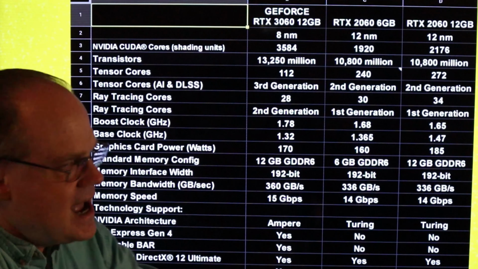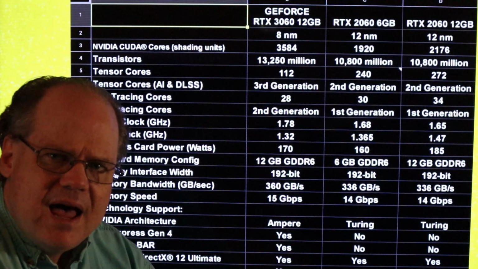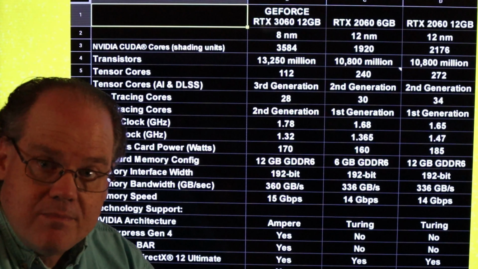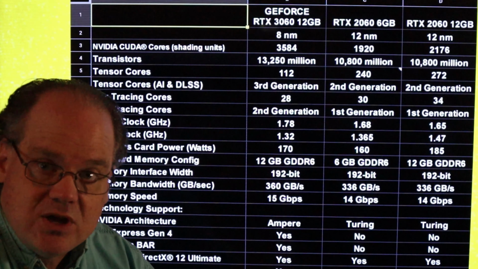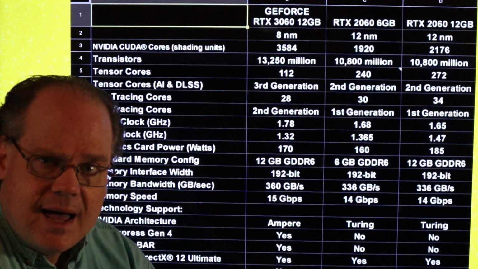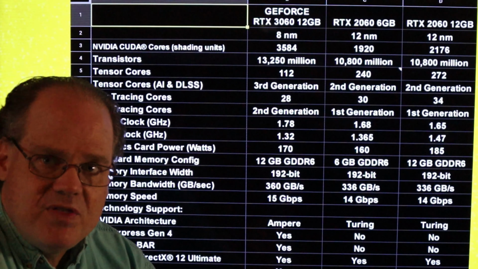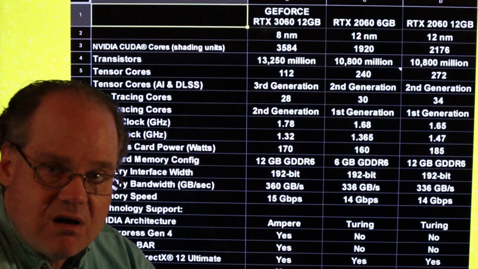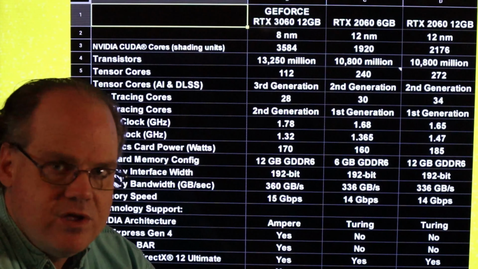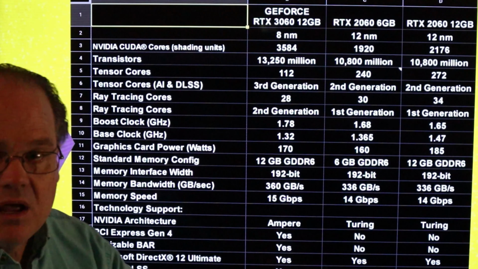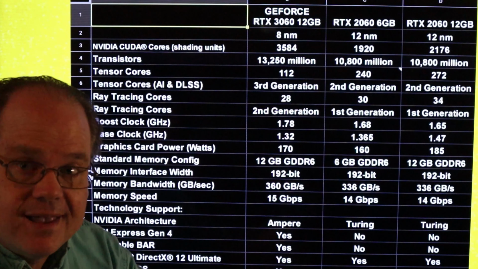Resizable BAR is the technology with newer motherboards, maybe a year or so old or less, where you can use some of the unused memory of your graphics card. Sorry, you can't do that with the 2060, so forget that.